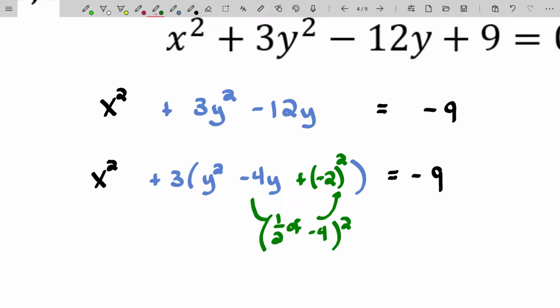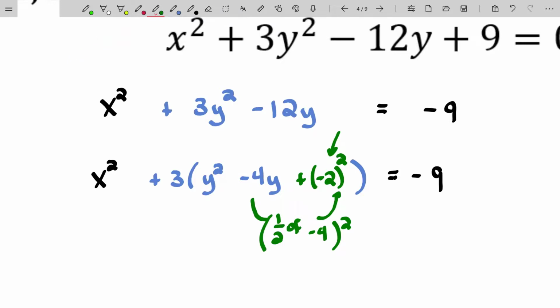That green ink was not here originally. So we're adding something to the left-hand side, and an equation is like a teeter-totter or a seesaw. If you add something to one side, it's going to basically overweight that side and you won't be in balance. So you have to add that same thing to the other side.